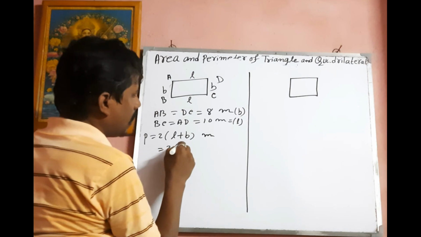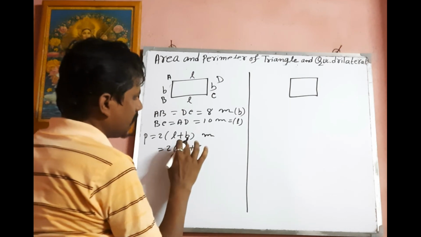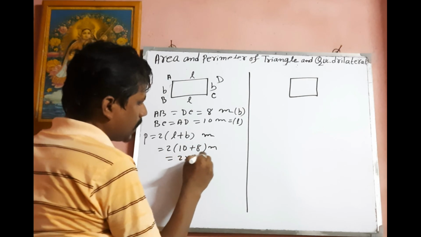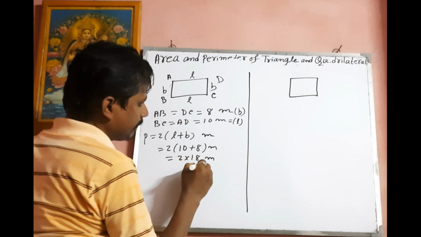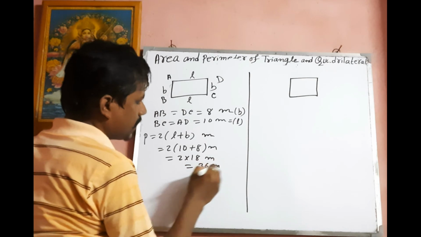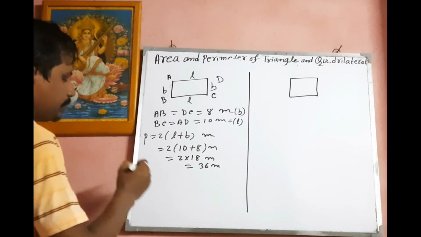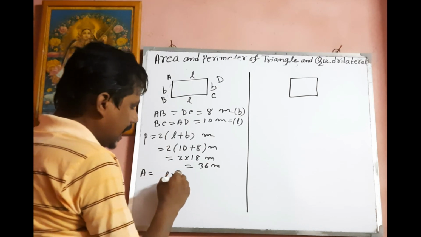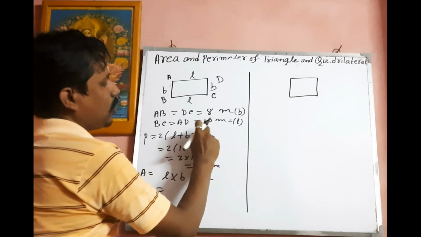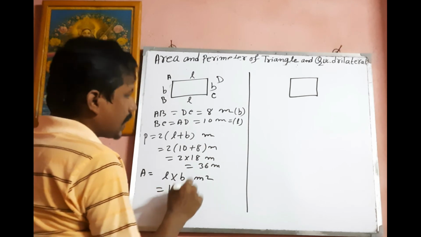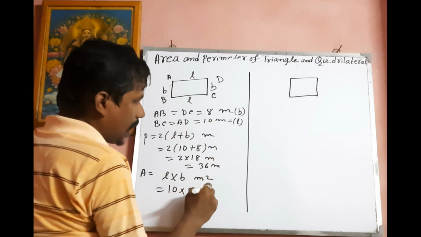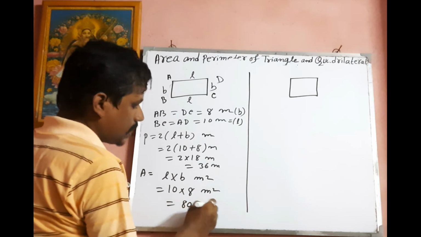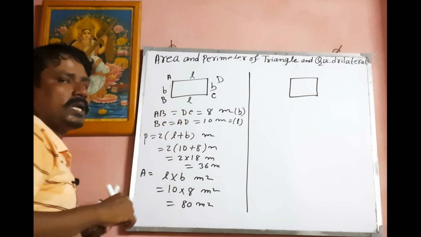So 2 times 10 plus 8 meter, that is 36 meter. And now the area of the given rectangle will be L into B. So putting the value of L as 10 and B as 8 and meter square is there. So 80 meter square is the area of the given rectangle.